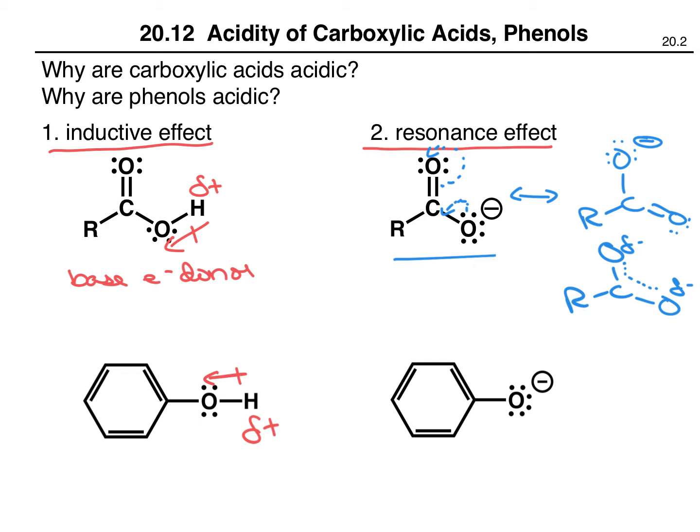Now, first of all, what kind of evidence do we have for this? Well, in the carboxylic acid, the carbon-oxygen double bond is 120 picometers, and the carbon-oxygen single bond is 134 picometers. But in the carboxylate, both carbon-oxygen bonds are equivalent at 125 picometers.